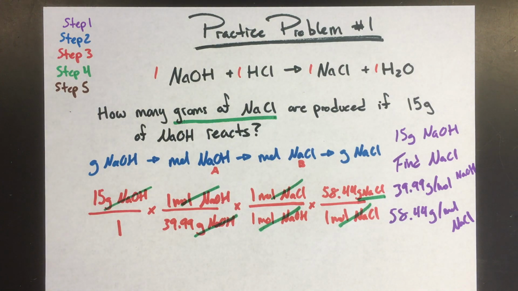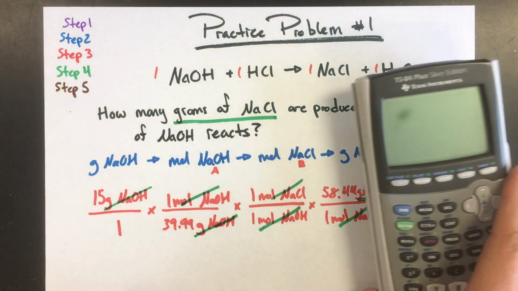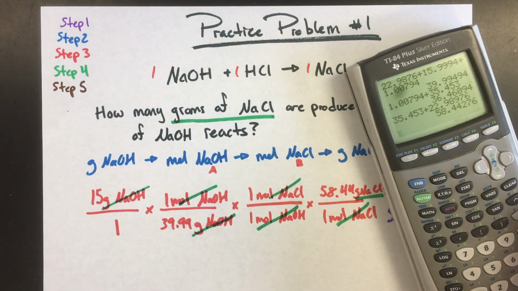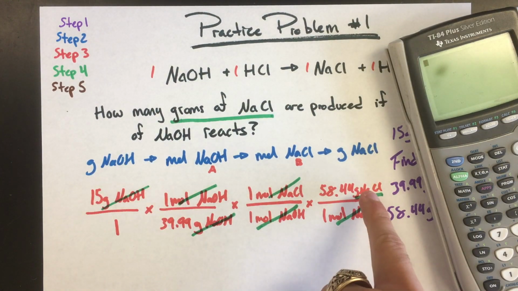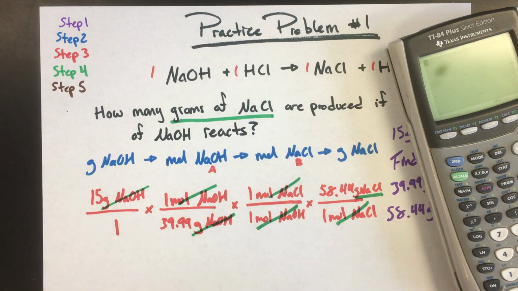Now we need to solve and make sure that we round our answer to 2 decimal places. So if we get our calculator, we basically multiply everything on top and then divide by everything on the bottom. So in this case, I'm going to use my parentheses.